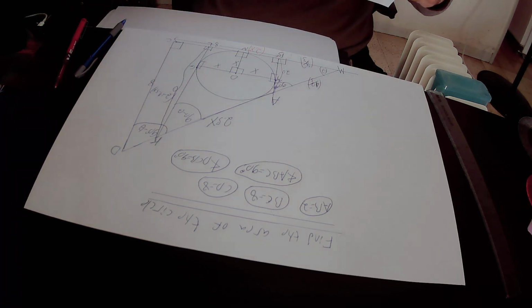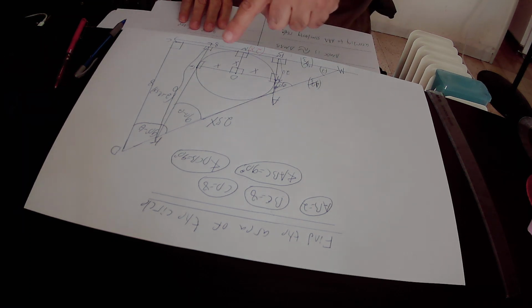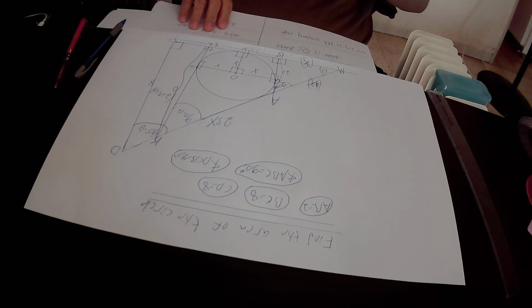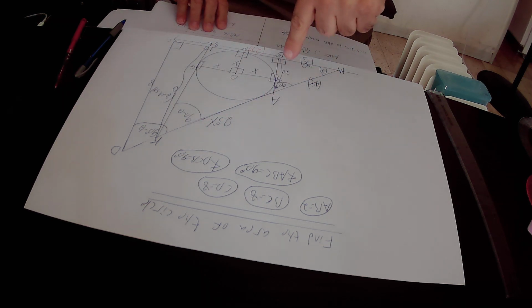In this lecture, I found out the area of this circle. Actually, in the drawing we have quadrilateral ABCD. Inside this quadrilateral we have this circle.